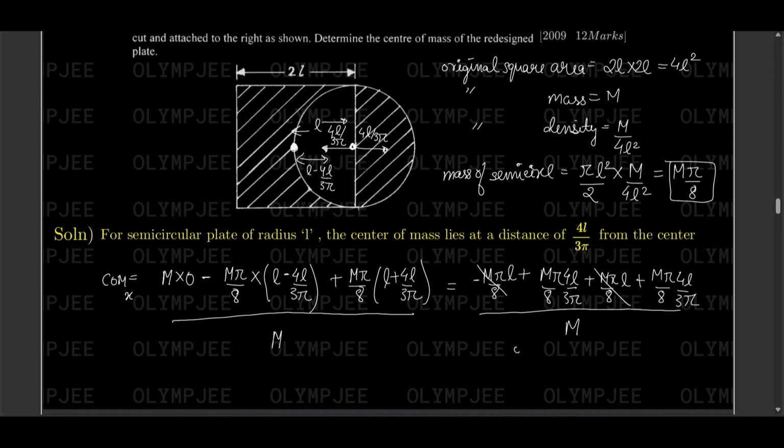Final answer would be 2 multiplied by pi by 8 multiplied by 4L by 3 pi. So this 8 and this 8 will get cancelled and we will be left with L by 3. So the center of mass is L by 3 to the right of this origin, right? So L by 3 comma 0.